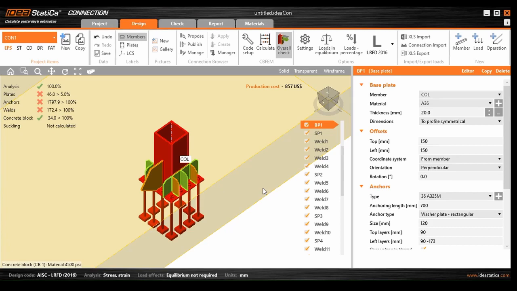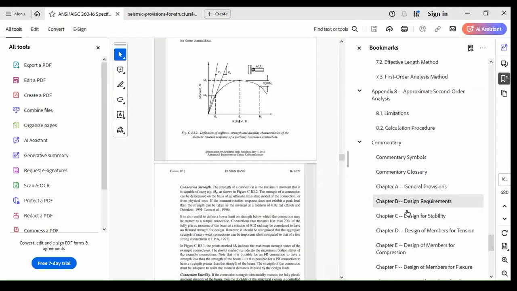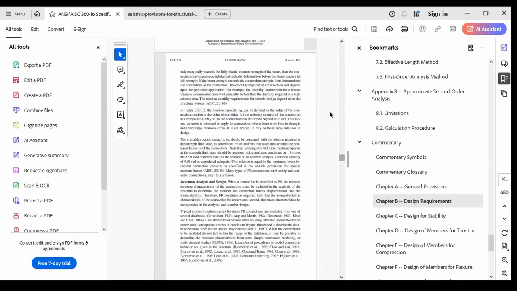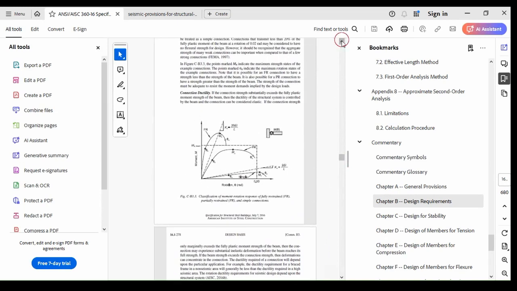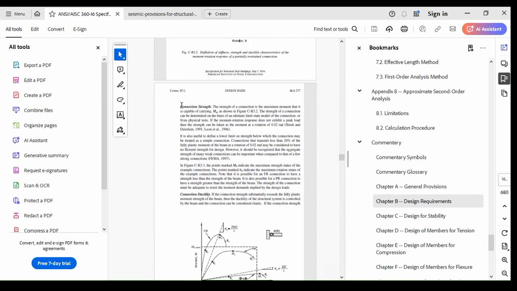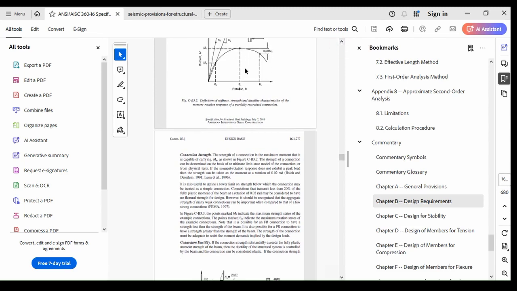You can find it here in AISC code. Yes, here, connection strength. The strength of a connection is the maximum moment that it is capable of carrying, MA, as shown in figure C-B3-2. This is the picture here.